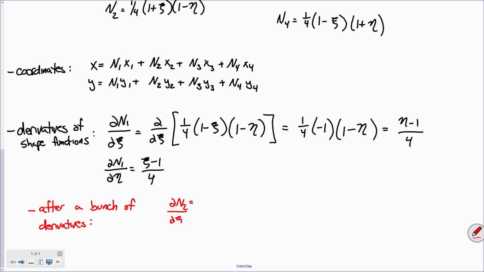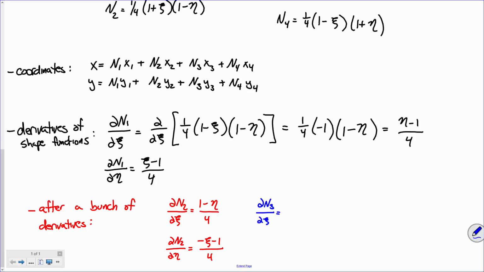with respect to xi, I've never been good at writing that letter. What do we get? (1 minus eta) over 4. We get (minus xi minus 1) over 4. And then I tried to do it a little color-coded so that you all can tell the difference between what I'm doing.